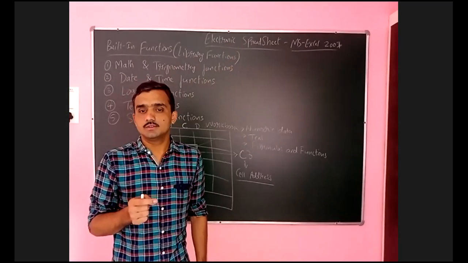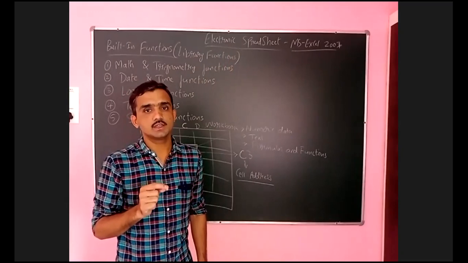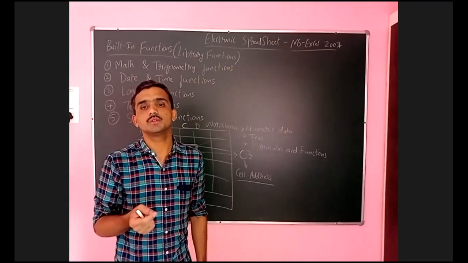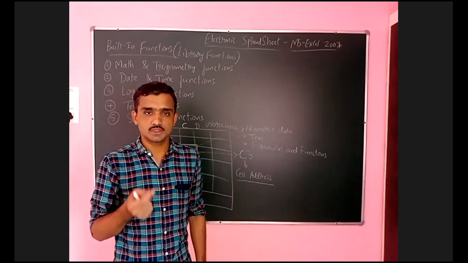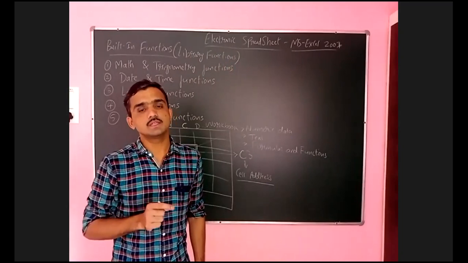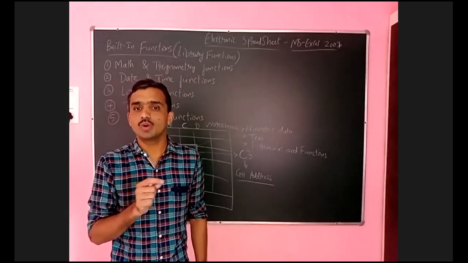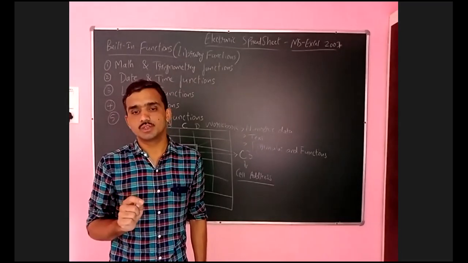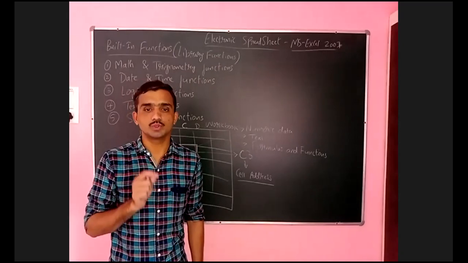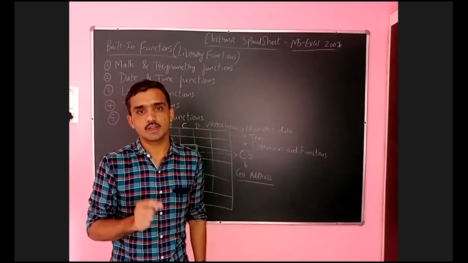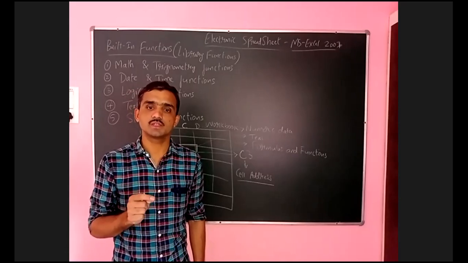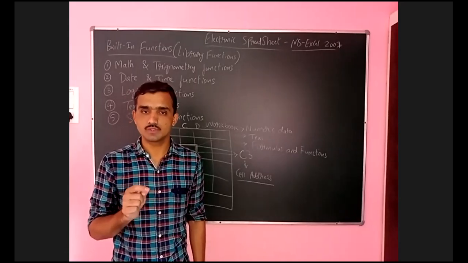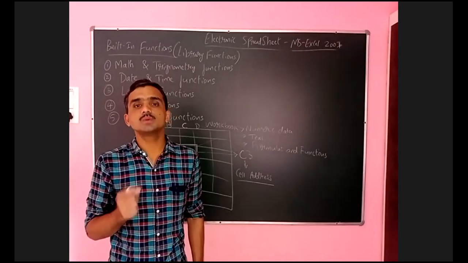Actually, I thought about why they are called a library. When we go to the library, we take the book, read it, and keep it in the same place. We will not modify the contents of the book. We don't have rights to modify it; we just use the book for reading purposes. Similarly, the functions present in MS Excel or C++ are already present in the software, and you can use them.